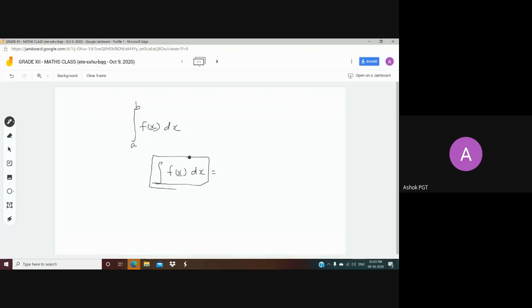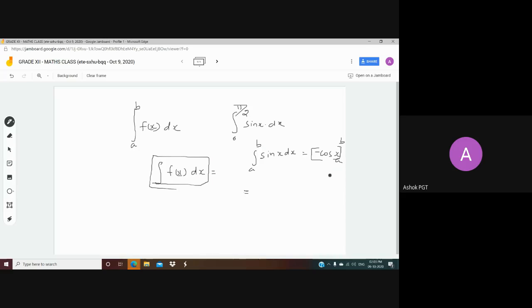For example, if they ask you the question, integration from 0 to pi by 2 of sin x dx, first you will solve this problem as an indefinite integral only. For example, the integration of sin x is minus cos x. After that, the limits will be applied, the lower limit and the upper limit.